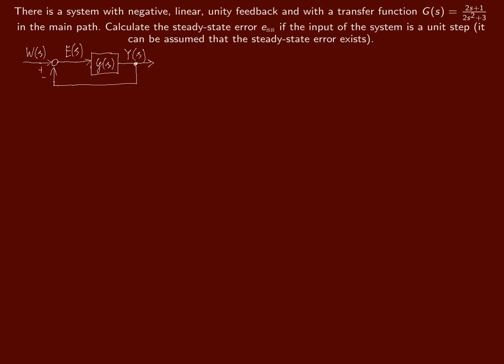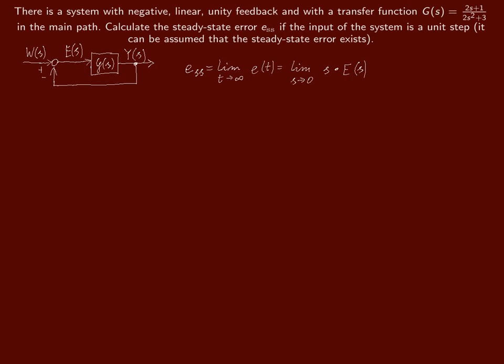The steady-state error is the final value of the error in the time domain. We will not need to check the pole's position, because we know from the task content that this final value exists, so we need function e of s.